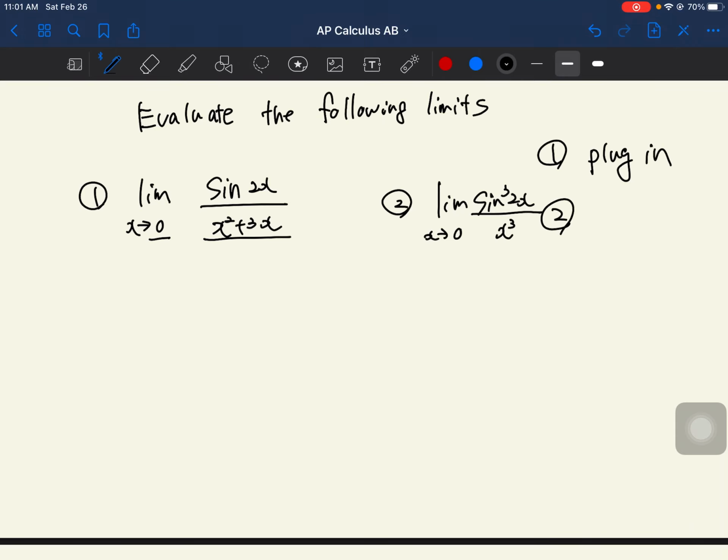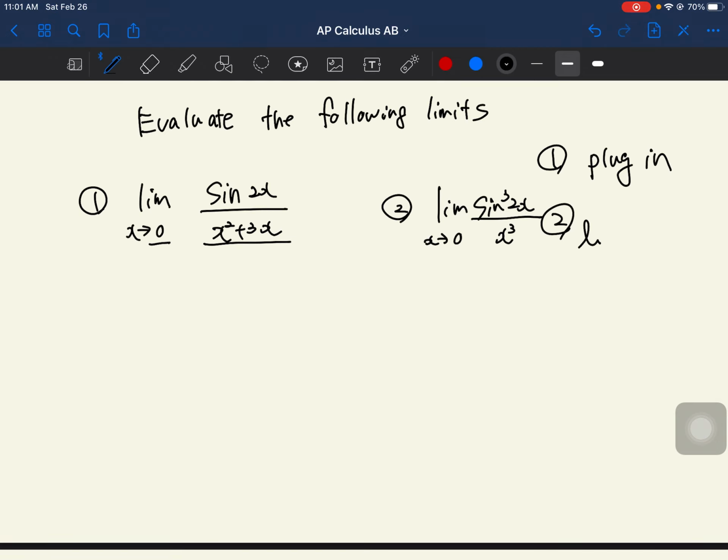So what you have to do next is try to find something else. There is a hint in the function. For example, if it says sine 2x, I want you to come up with the equation, which is limit as x approaches 0, sine x over x is going to be 1.